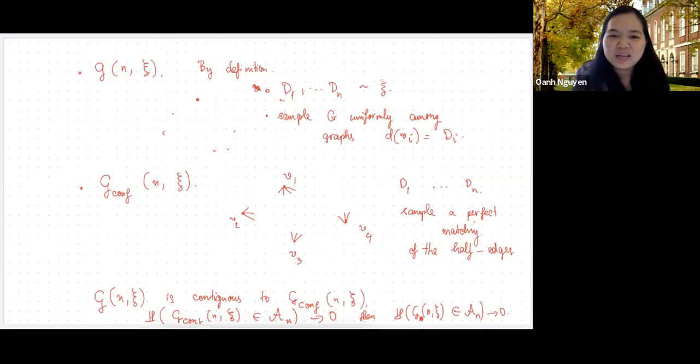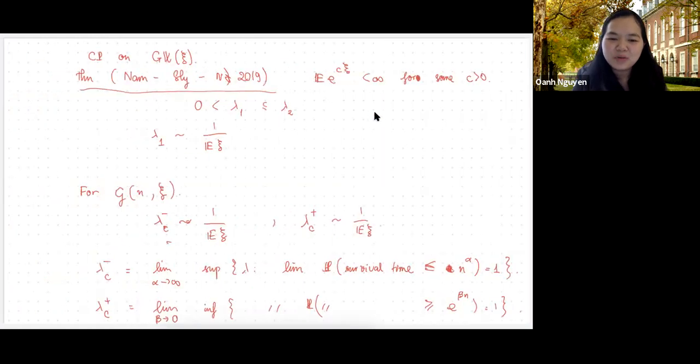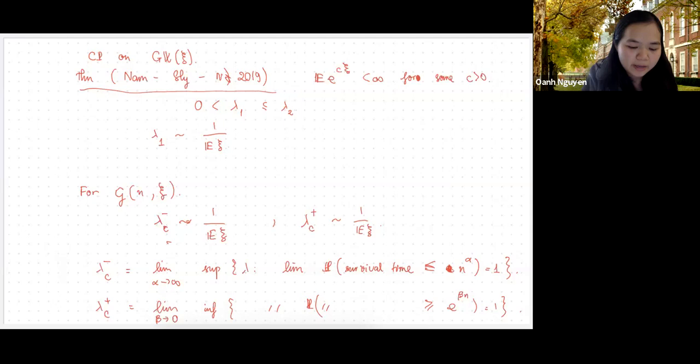Because I have only 4 minutes left, let me talk about some open problems and problems that I'm currently working on. So if we look at this page, there are some open problems that we still don't know. The first open problem is, can we show that this one is a strict inequality?